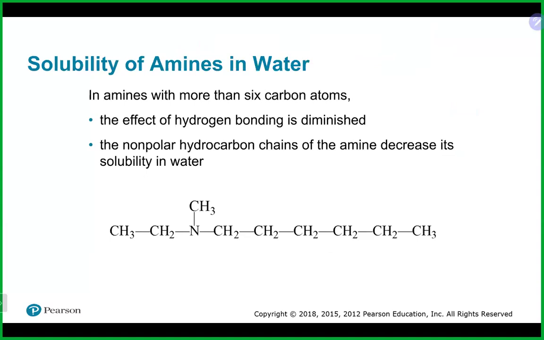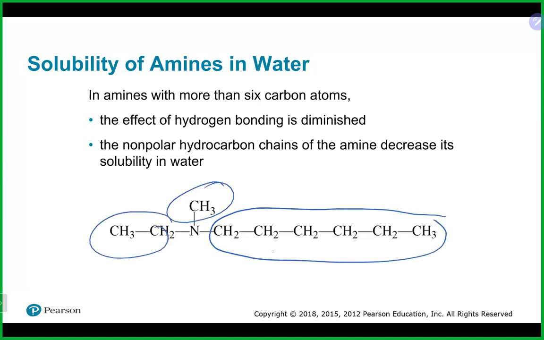In amines with more than 6 carbons, the hydrogen bonding diminishes, and the non-polar part of the amine definitely gets in the way. If you just think about it here, there's a really giant amount of carbons everywhere. This big part gets in the way of water efficiently getting in there to interact with the nitrogen.